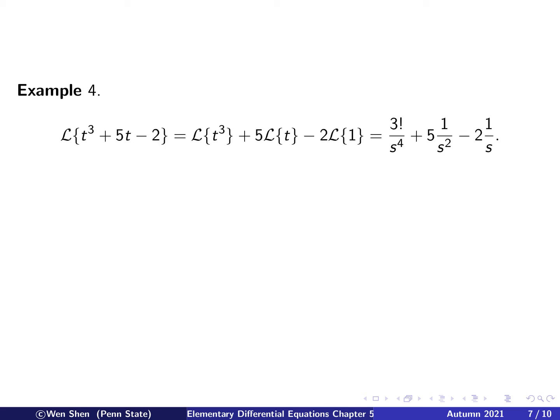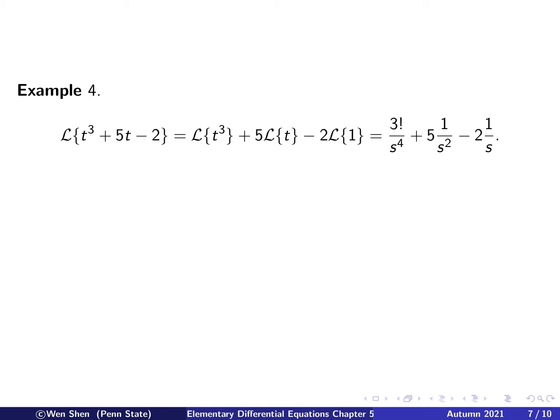Now let's look at a different example. If you want to find the Laplace transform of the function t^3 + 5t + 2, how would you do that?